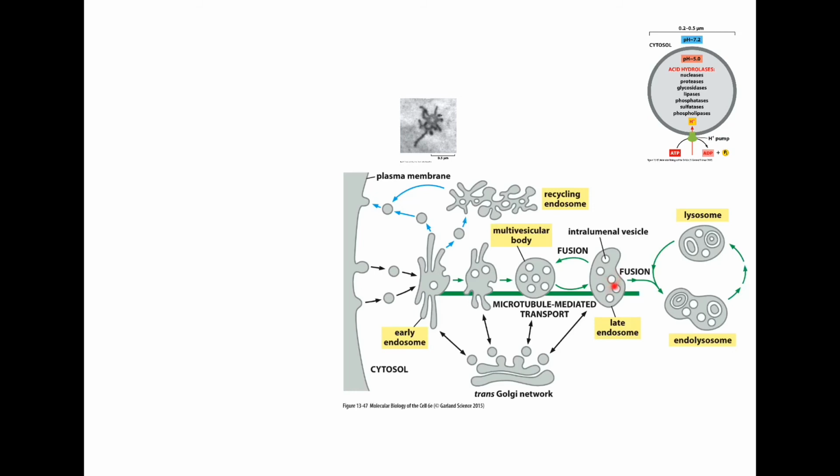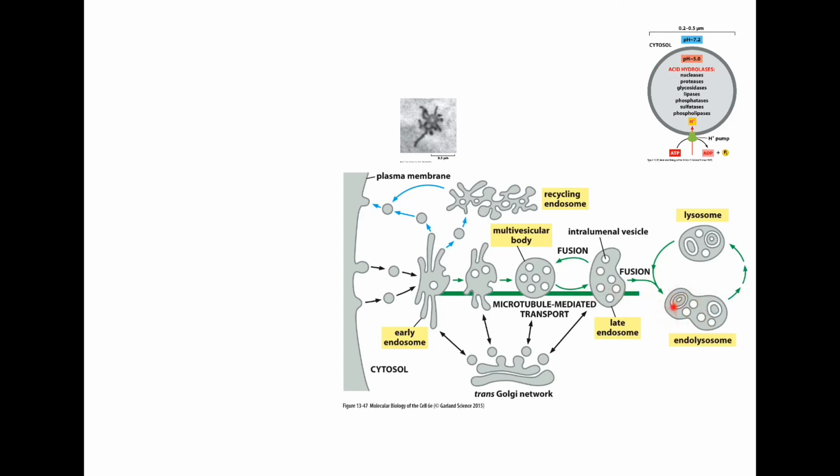And then finally, in going from the late endosome, a very differentiated form of endosome, to the lysosome, it's really kind of a gradient, a gray area, which is one and which is the other. They're very similar.